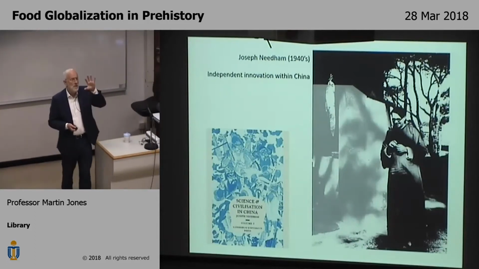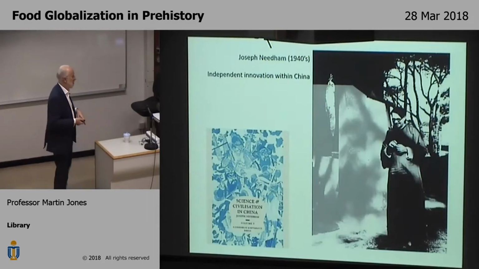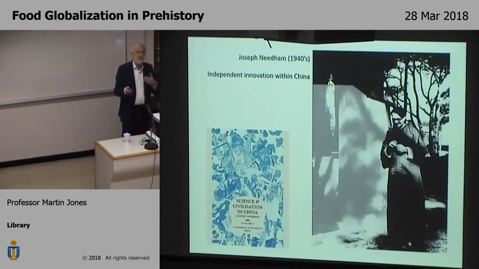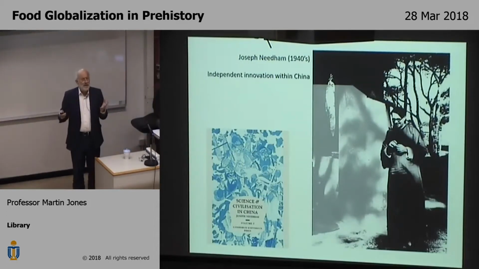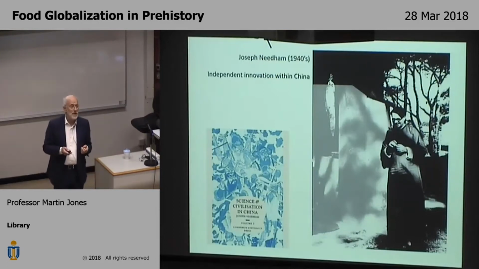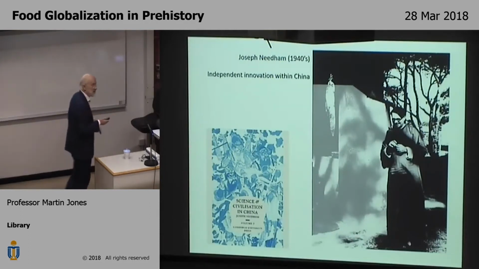And so, although the broad mindset was very much, if you've got context, it must be West affecting East, from Needham onwards, we've had a sort of context in which there's a sense that both the East and West have some autonomy in change and development. And that's something that, as you'll see, resonates with the kind of findings that have come out of my project.